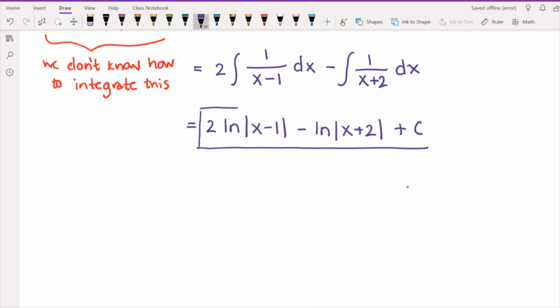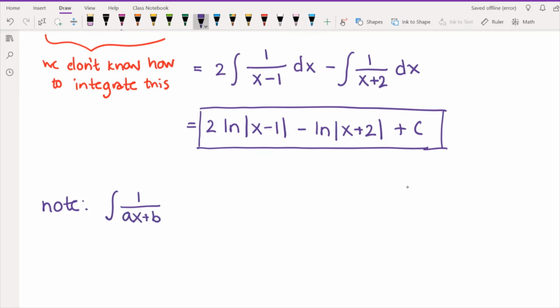So let me make a quick note of that. Note the antiderivative of 1/(ax + b) dx, and I'll make this a little more general. What is it going to be? Well, we can start by saying ln of absolute value of ax + b. But depending on what this number a is, if a is just 1, which it was in these two cases where we just had x, then that's it.